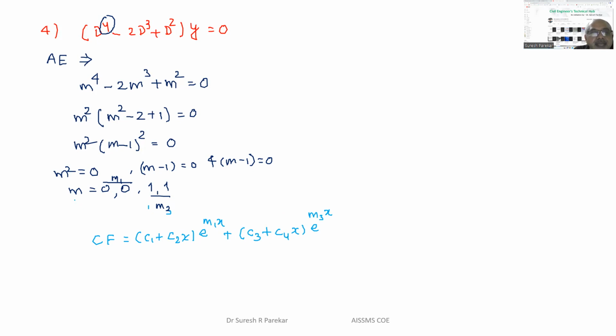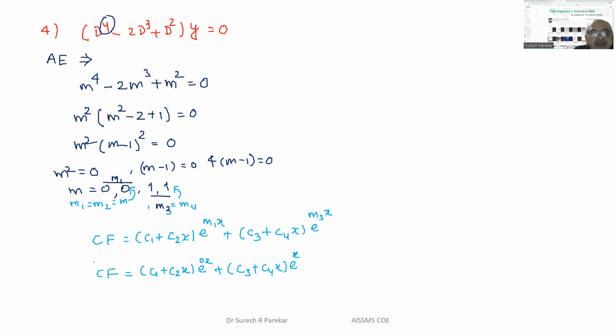Because m1 equal to m2 equal to m, we are considering that as m1. And then m3 equal to m4 equal to 1. Therefore the complementary function is equal to (C1 + C2x) e raised to 0x plus (C3 + C4x) e to the power x.